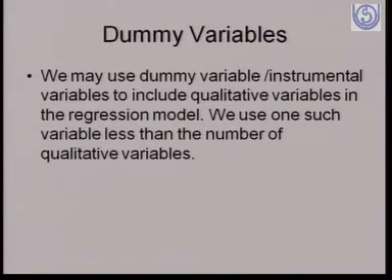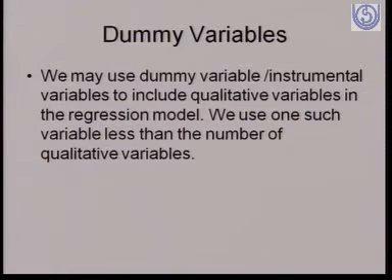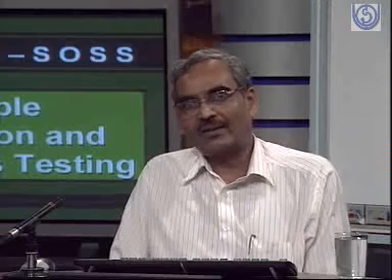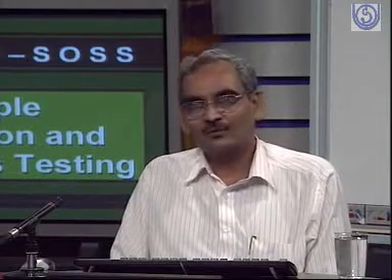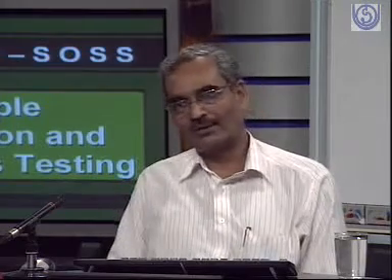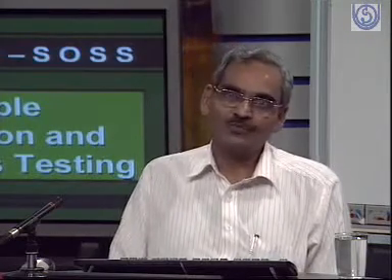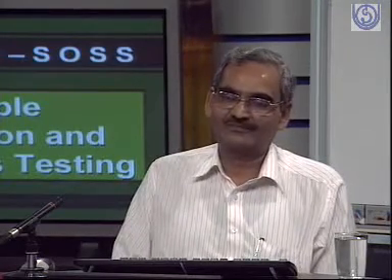We can include qualitative variables in the regression model with the help of this technique. We use one variable less than the number of total qualitative categories which we are including in the model. This inflates the number of variables included in the model, but they give us more precise results.